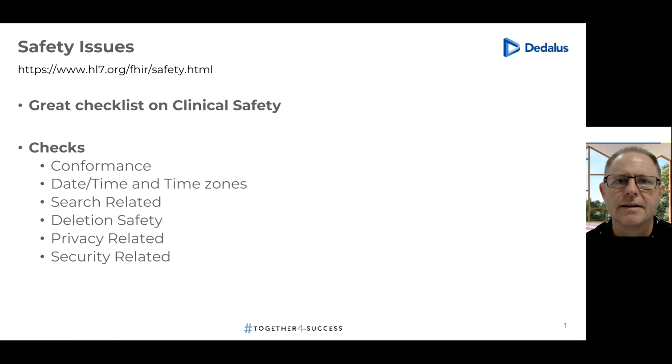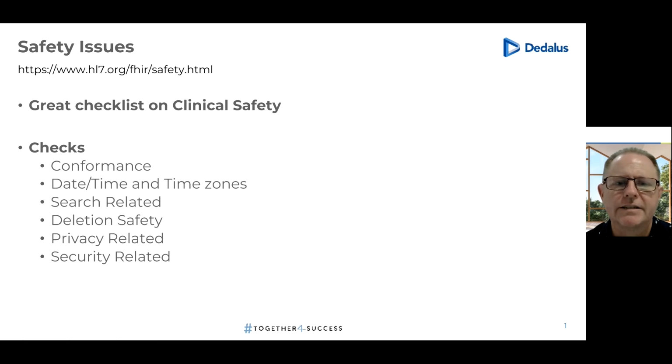Even something as subtle as the display or the format of dates and times that we present back to our users from the FHIR server. Are we doing that in a regionally appropriate way? So is day first or is month first in the display? And that might depend on the user's preference or the region in which you're working.